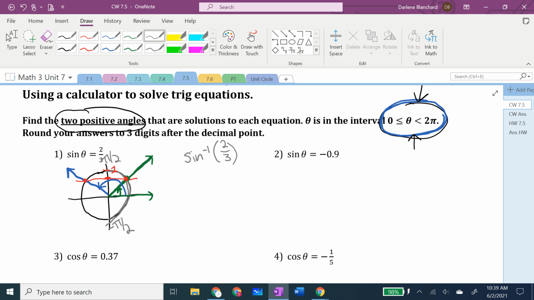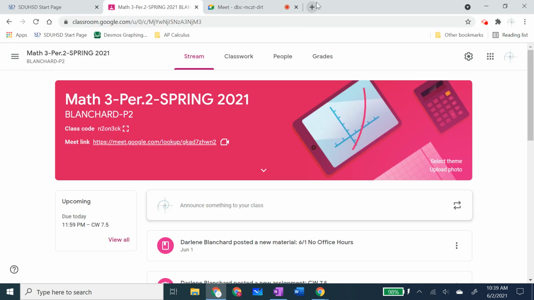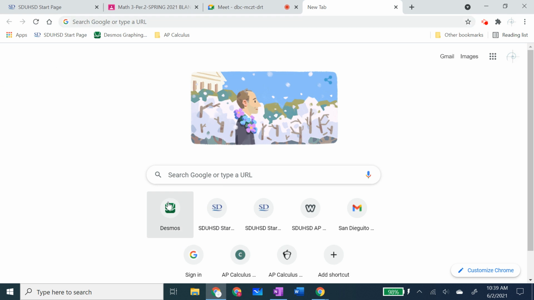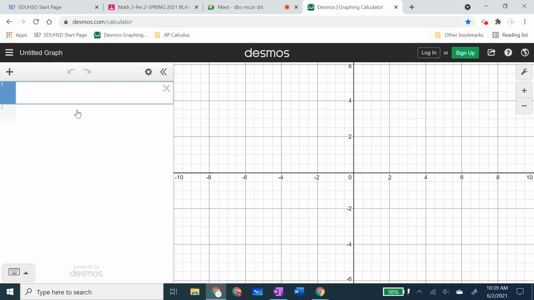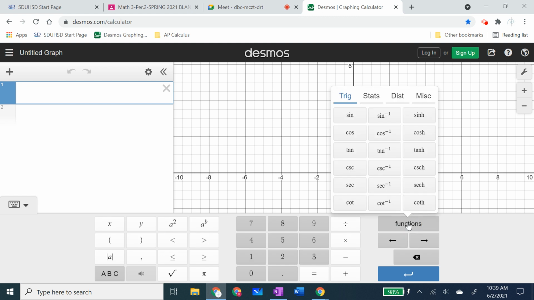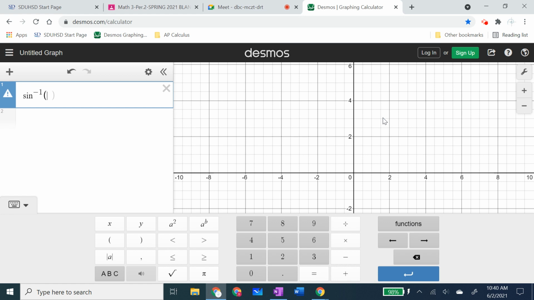So everybody, calculator, what is the inverse sine of 2/3? I'm going to grab Desmos. And if you use Desmos, then I can go over to inverse sine and type in 2/3.